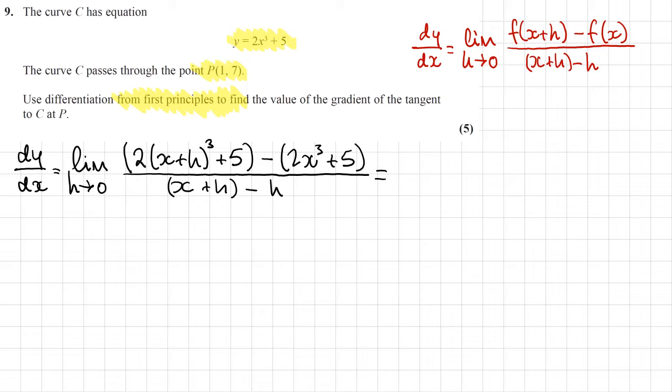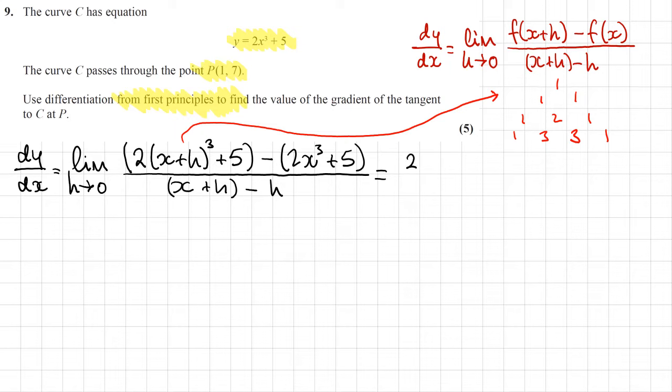So the top is going to be 2 lots of this expanded. Now I could expand 3 sets of brackets, but I think the easiest and quickest way is to use the binomial expansion. So very quickly, draw Pascal's triangle. So I know the coefficients are going to be 1, 3, 3, 1, and then all we do is we make 1 power bigger and 1 power smaller as we do the pattern.